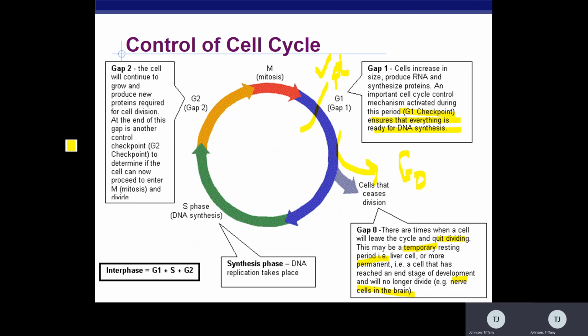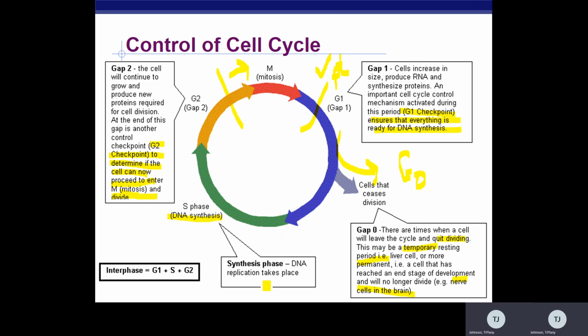There is a second checkpoint at G2. That G2 checkpoint determines whether or not the DNA has been copied correctly during S phase, and if it is now prepared to go to mitosis.